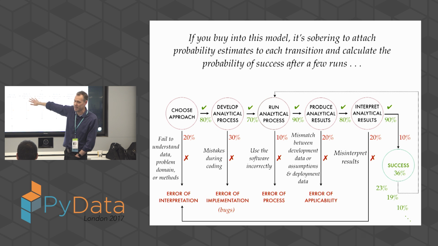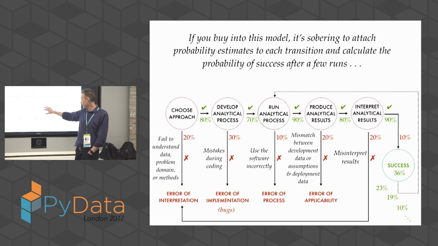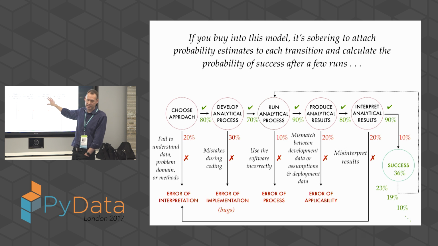Again, maybe I'm just bad at this stuff, but run the analytical process. Let's assume that you only screw that up 10% of the time, that your data hasn't changed fundamentally 80% of the time, and that you don't misinterpret the results 90% of the time.